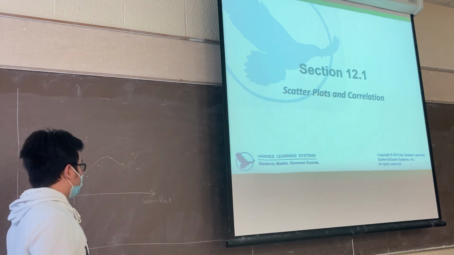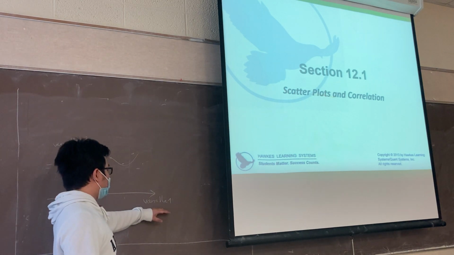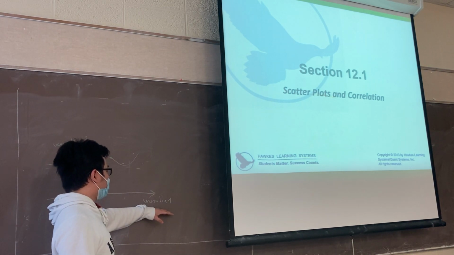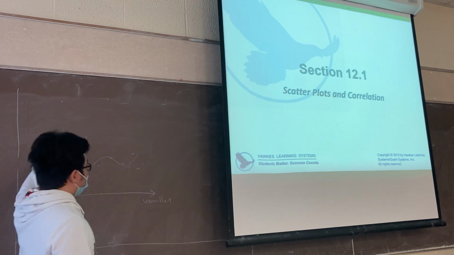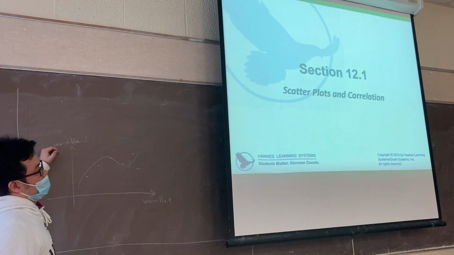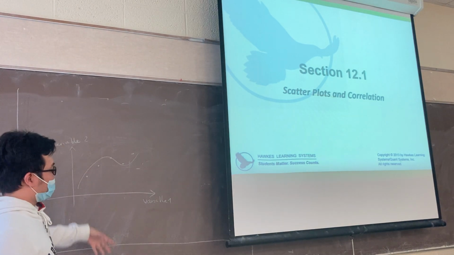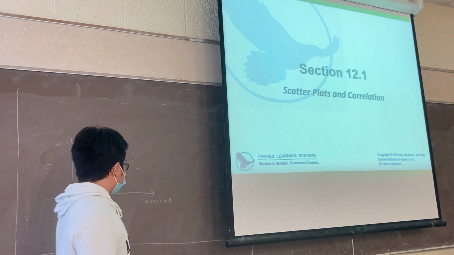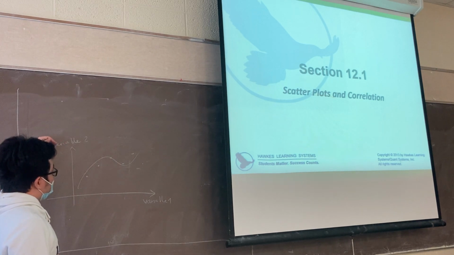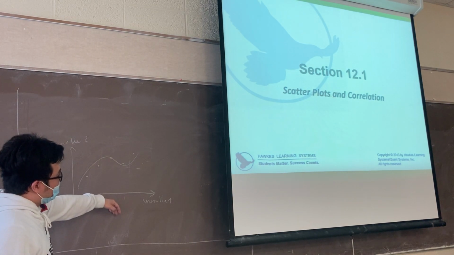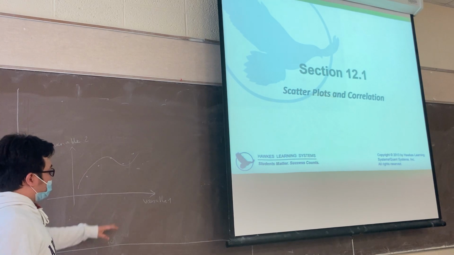For example, variable 1 may be the day, and variable 2 may be the number of cases of COVID-19. So we have two variables here, and the number of cases of COVID-19 will depend on the day. This is variable 1.